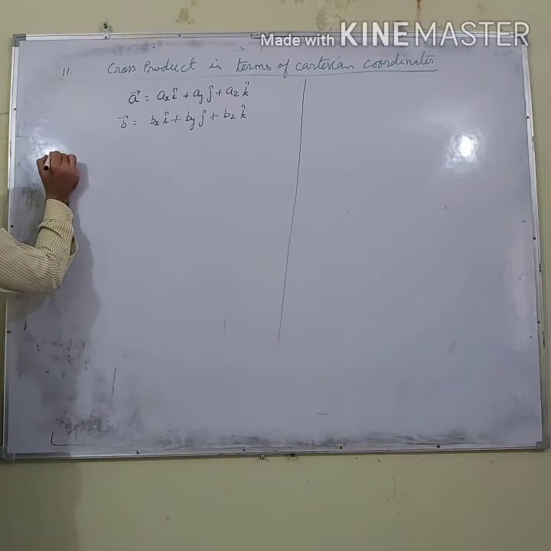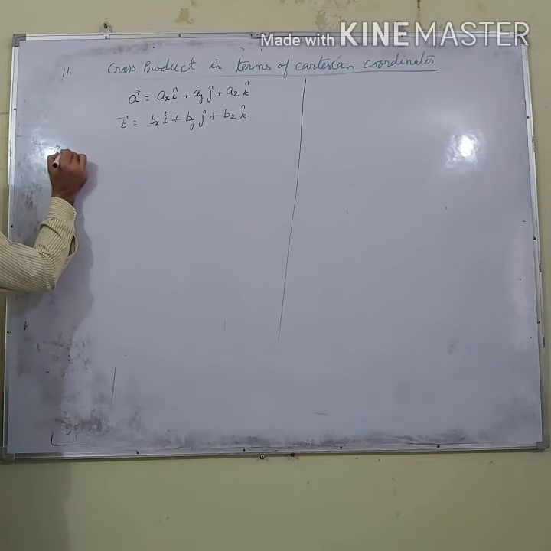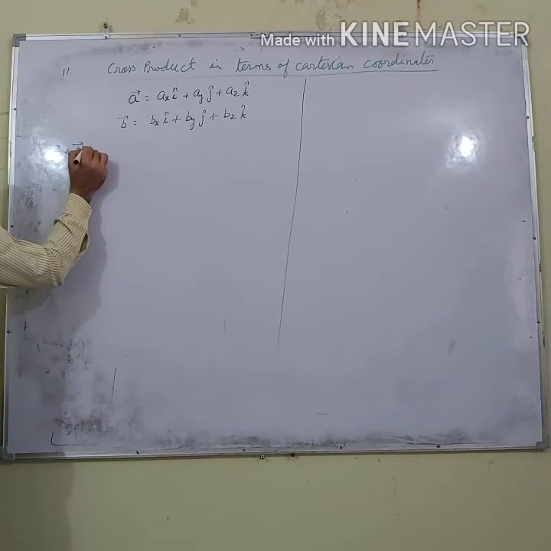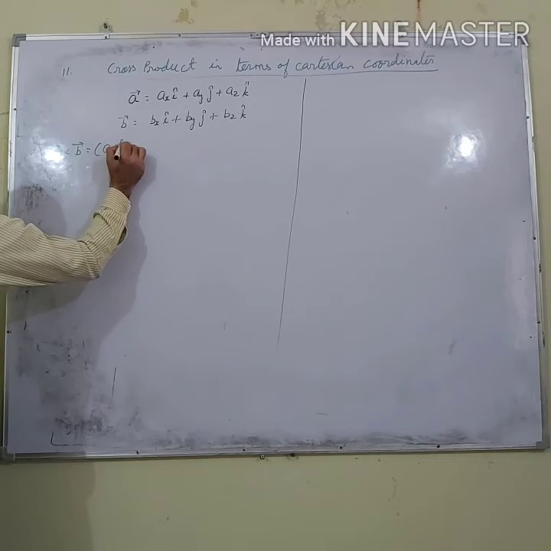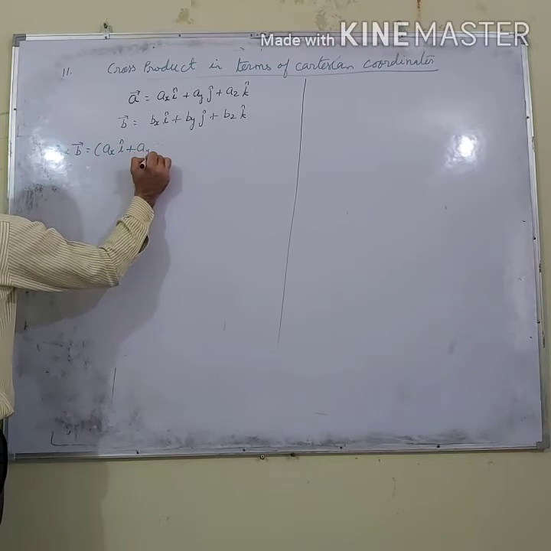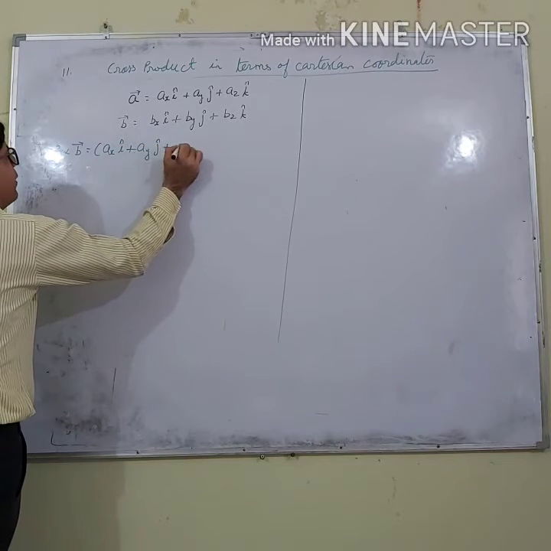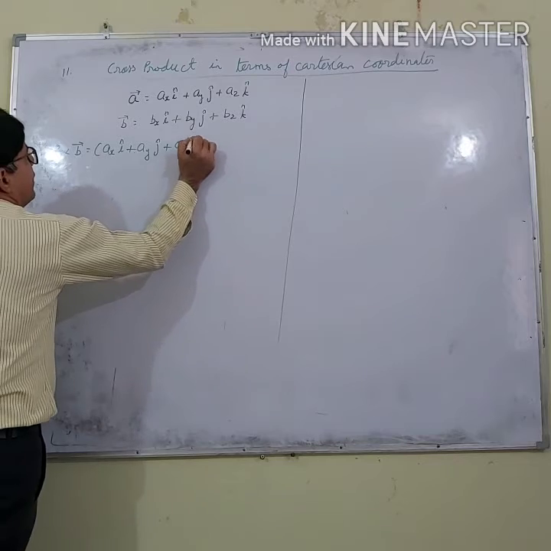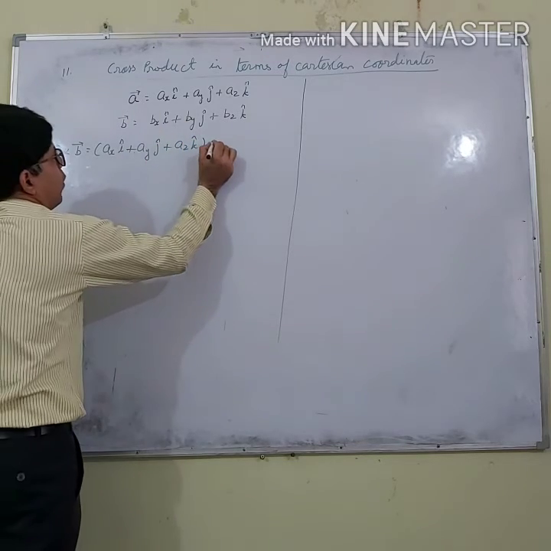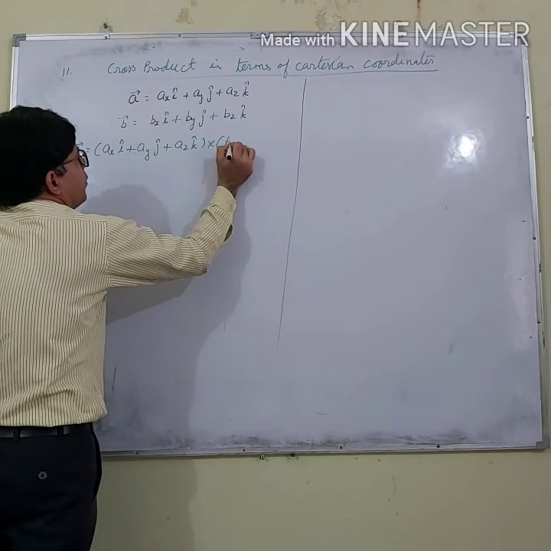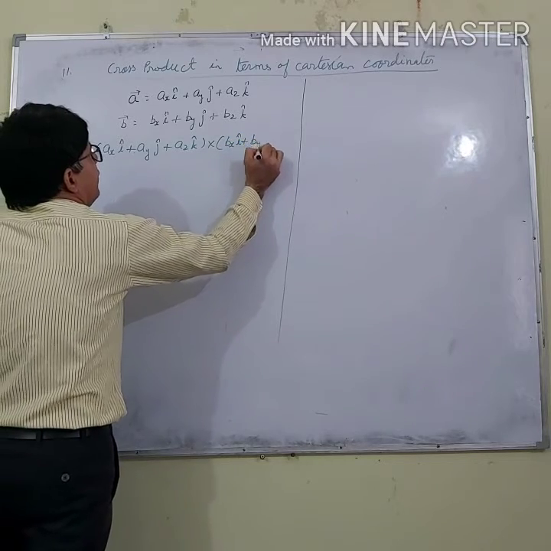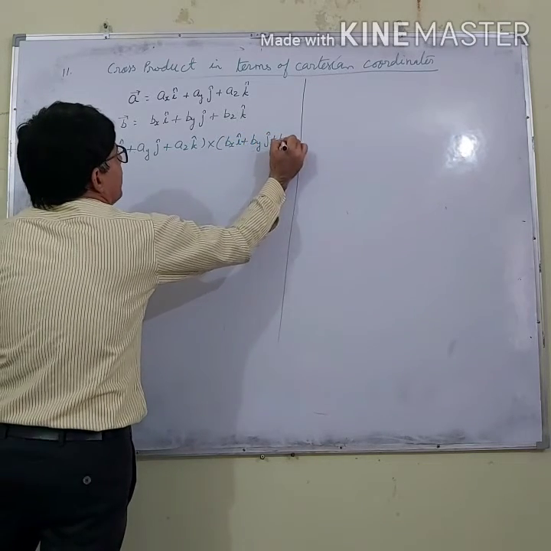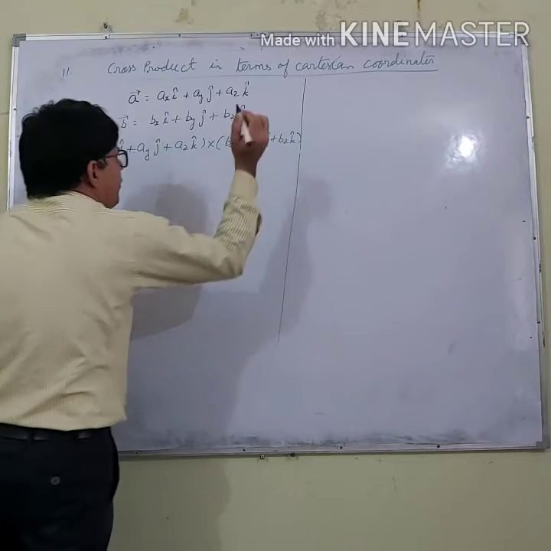So let me find A cross B. It will be AX i cap, AY j cap, AZ k cap cross BX i cap, BY j cap, BZ k cap.